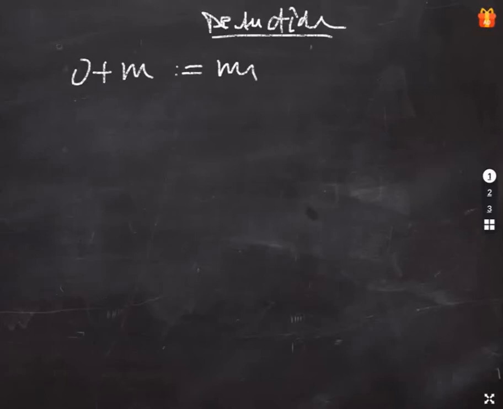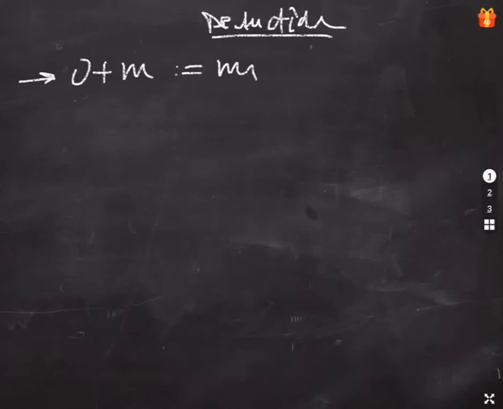So let m be a natural number. To add 0 to m, I'm going to define again that 0 plus m is m. Now, as you can imagine, I am using here deduction, so that we depart from this one.